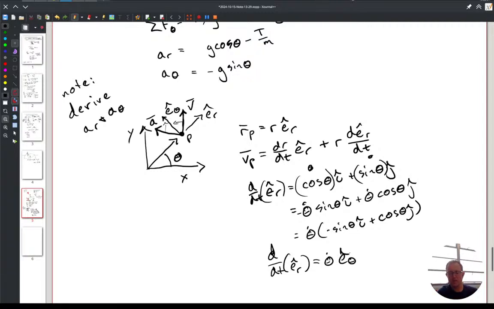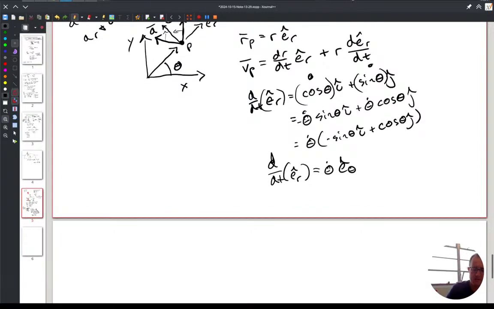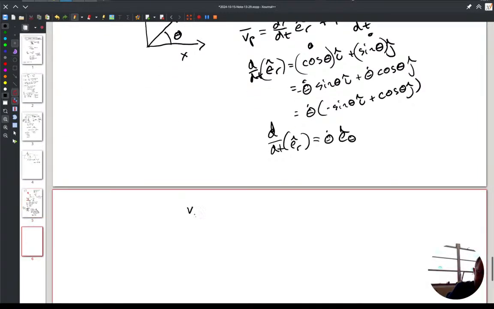So when you take a derivative of these unit vectors, you end up rotating them by 90 degrees, at least if you take d theta of this unit vector. All right, so now I've got velocity of that point P is r dot ER plus r theta dot E theta. Pretty cool.